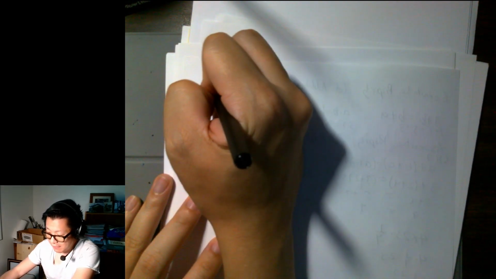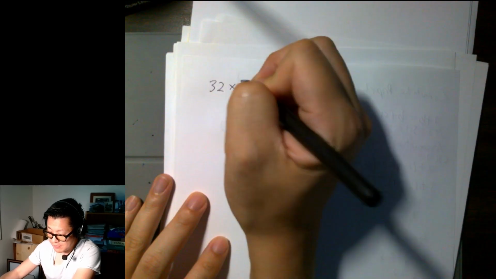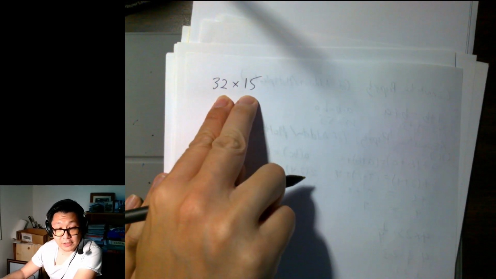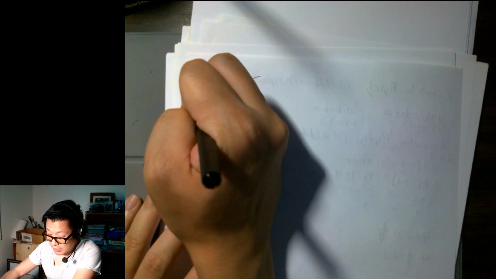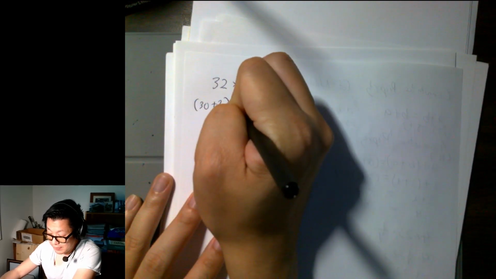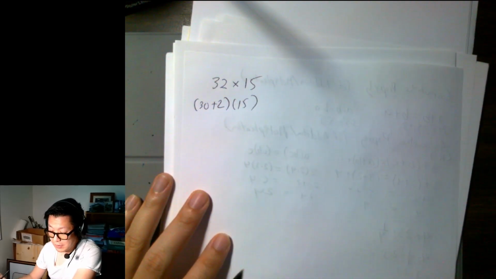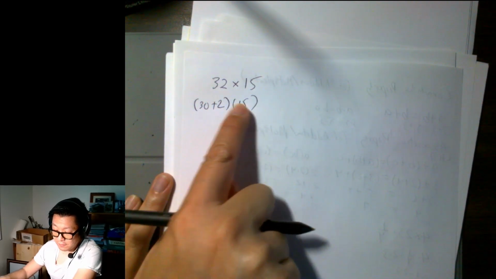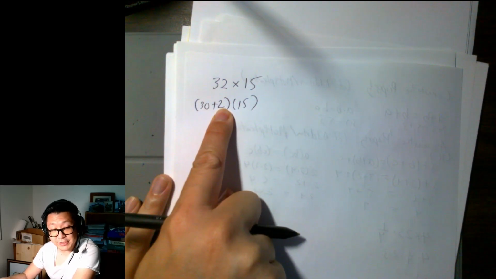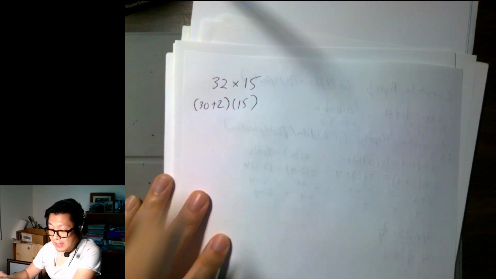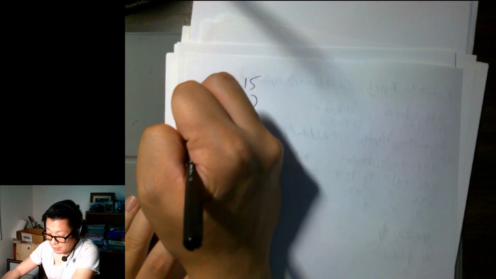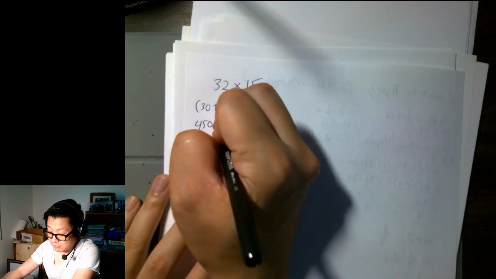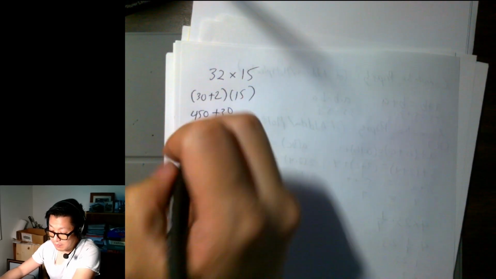So for instance, if I have 32 times 15, it may make sense if I'm calculating it mentally or by hand to break up 32 as 30 plus 2 and then multiply that by 15. The reason is that the multiplication of 15 by these two numbers individually is a bit easier, and then I just have to add the results. 15 times 3 is 45, add a 0, 450. 15 times 2 is 30, and then 450 plus 30 is 480.